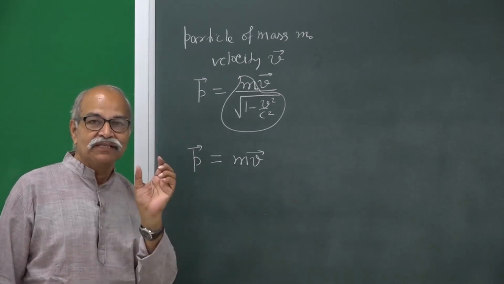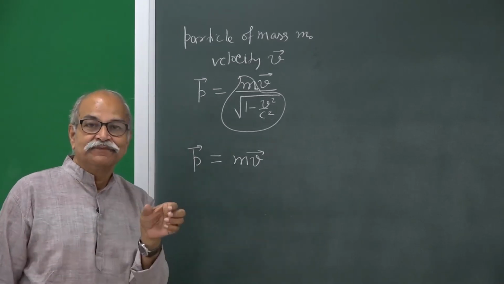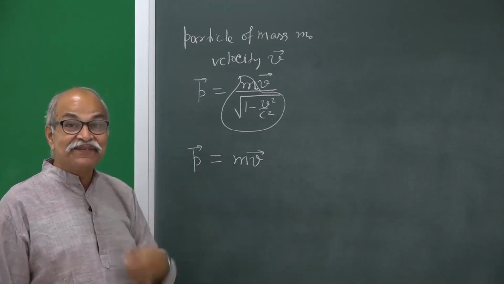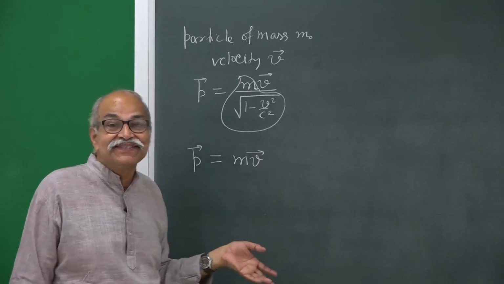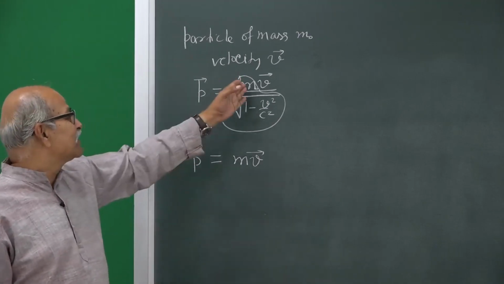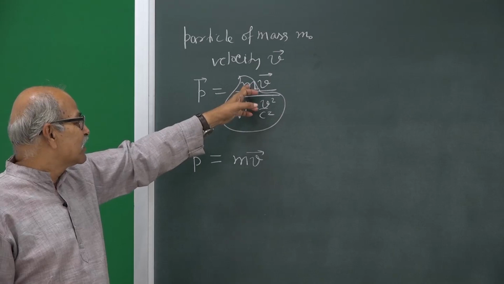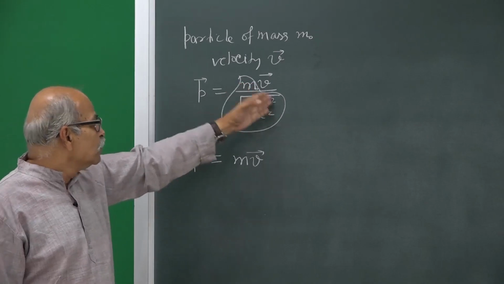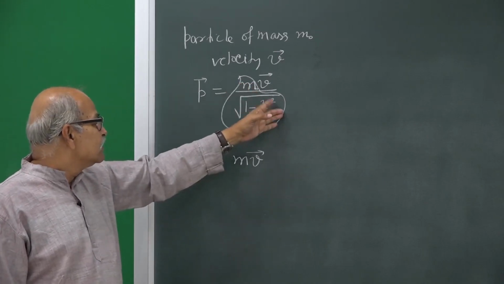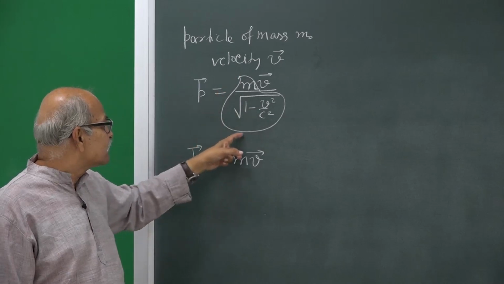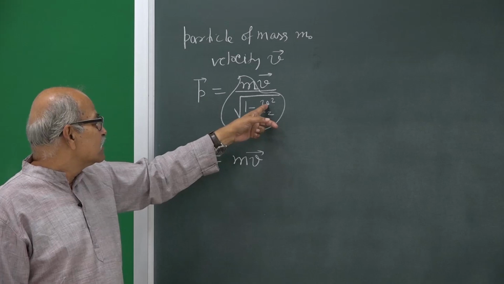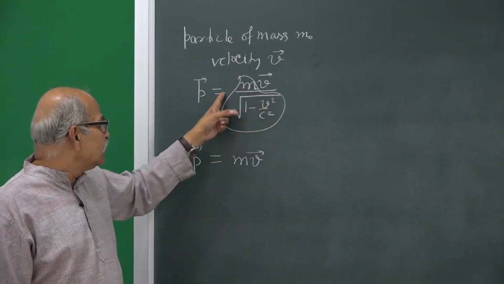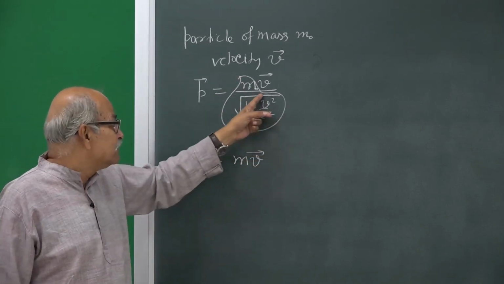The e by m ratio has played a very crucial role in the development of all this modern physics. So, mass is a property of the particle, and if the particle moves with a speed v, then you construct this mathematical quantity which depends on what speed the particle is moving, and you will have to give it a different name. This is not mass.